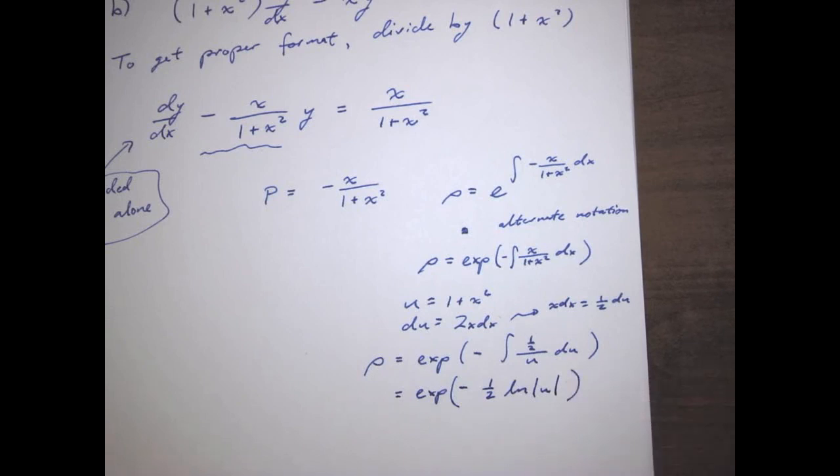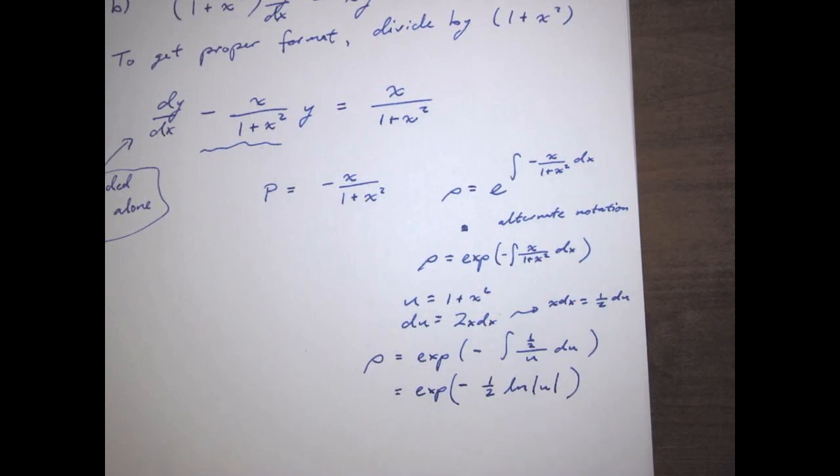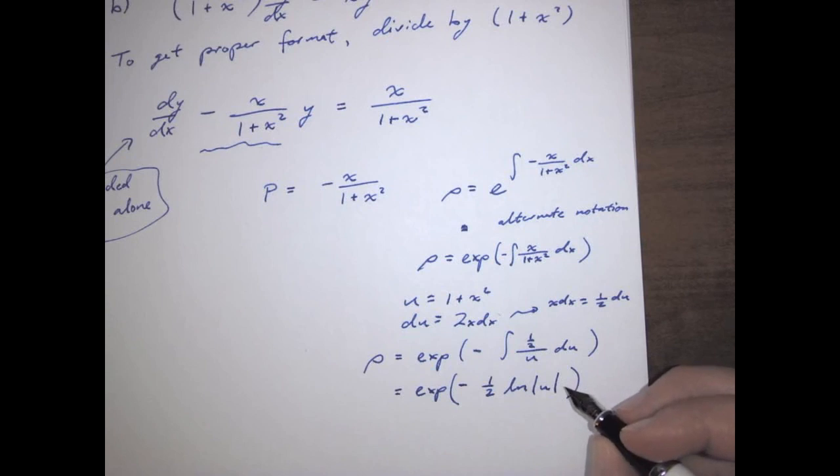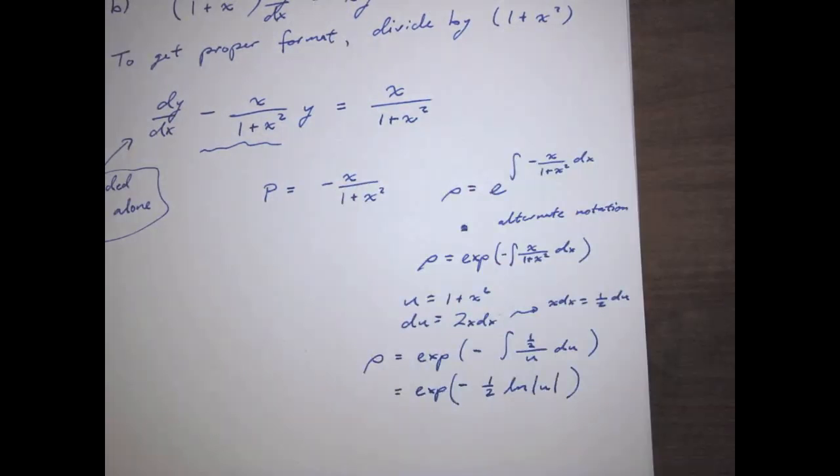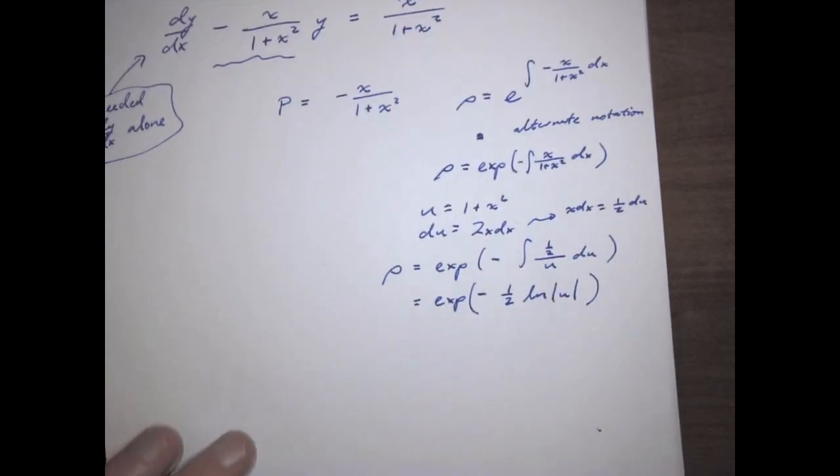And again, we don't have to worry about the plus c on this, because here we only needed a single antiderivative of the integral. It doesn't have to be every antiderivative.